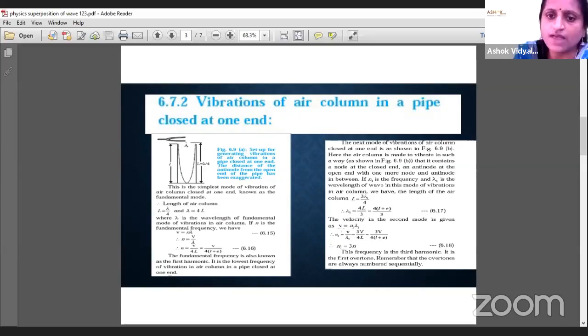Substituting the value of lambda 1, we get 3V upon 4 into (L plus E). Therefore, N1 is equal to 3N. This is the frequency of the third harmonic. It is the first overtone. Remember that overtones are always numbered sequentially.